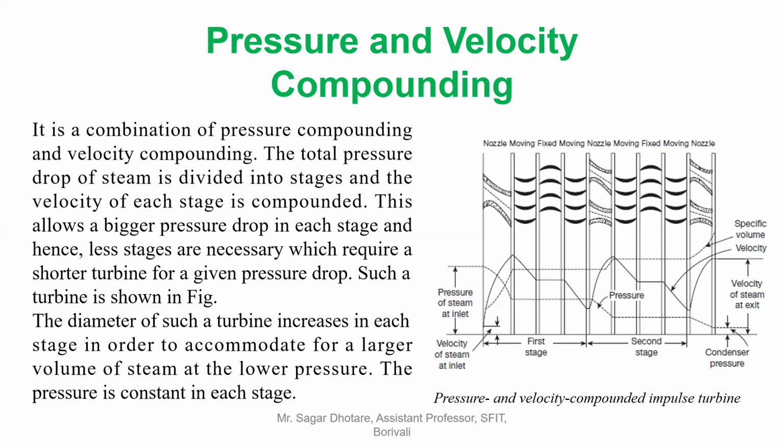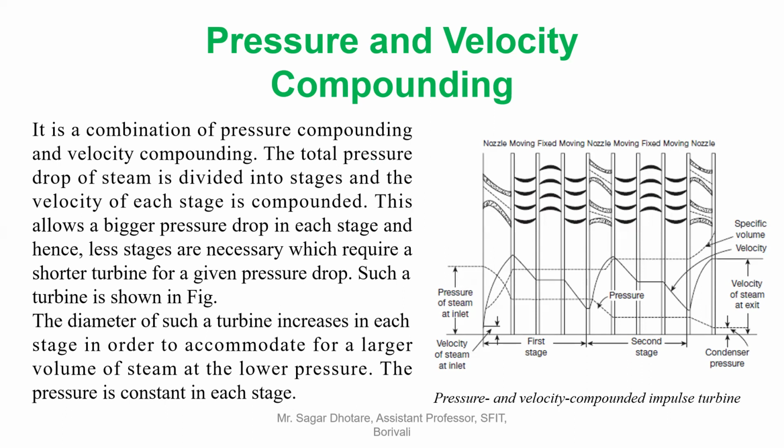So this type of turbine is a combination of pressure and velocity compounding, which is shown in the figure. The arrangement shown is only for two rotors, where two rows of moving blades are attached. The total drop in the steam pressure is carried out in two stages, and the velocity obtained in each stage is also compounded, which you can see in the figure.